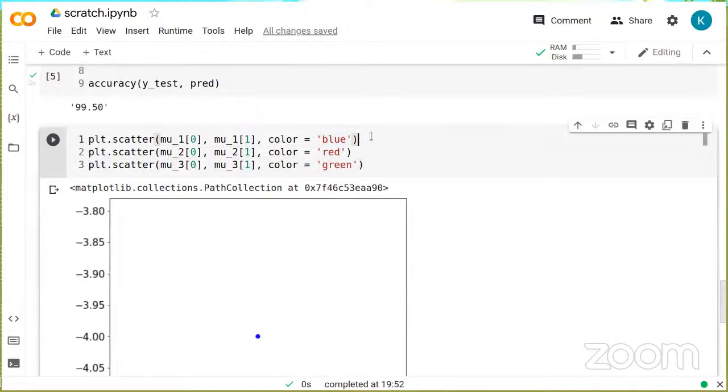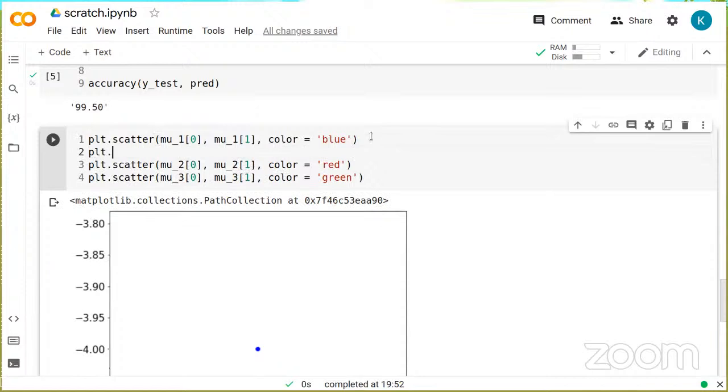And I also want to plot the predictions, right? These are the true means. And we also have GNB, that is our trained classifier dot means. So this should be 0, 0, and GNB dot means of 1, 0, if I am not wrong.